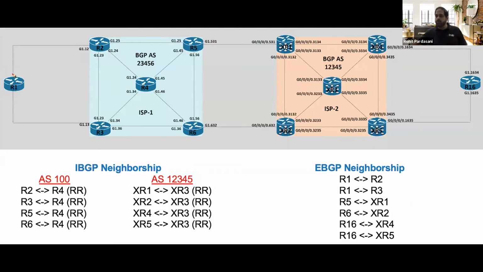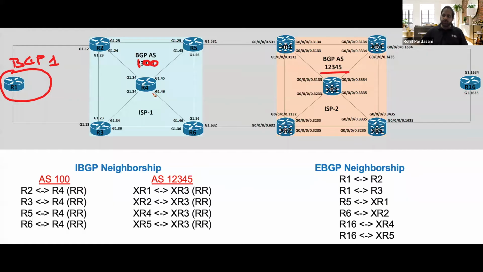Router 1 has been pre-configured with BGP. In fact, there's a mistake in the diagram. This is actually BGP AS 100, and this is BGP AS 12345.